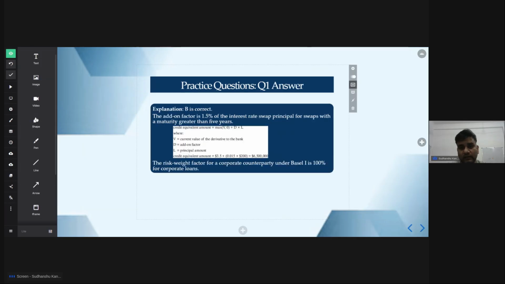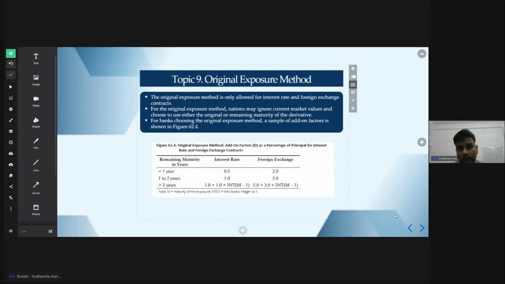Moving on, guys. I think this one is already done, so we don't need to worry about it. Now we'll talk about the original exposure method.